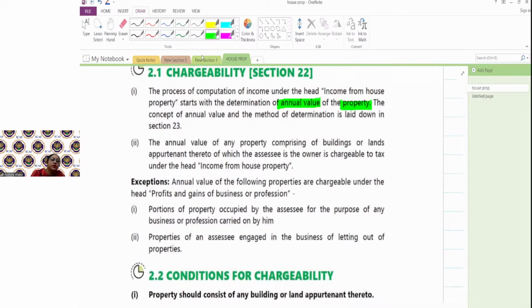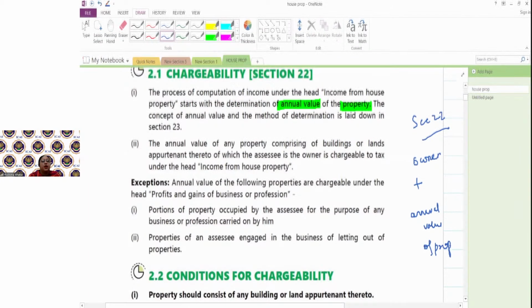So section 22 says the owner of the property shall offer the annual value of the property as income under the head house property.